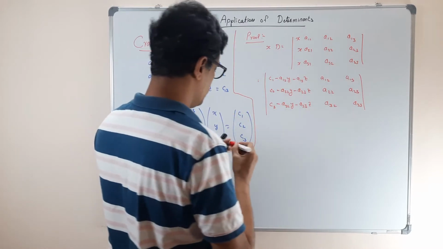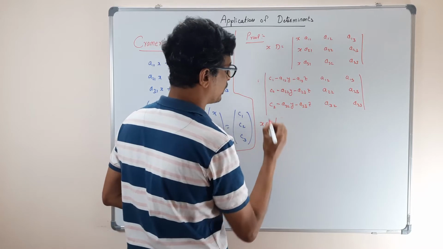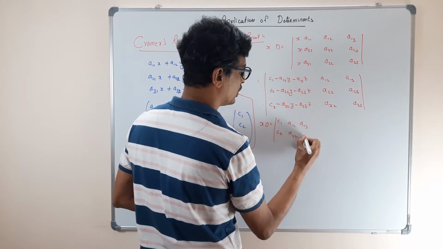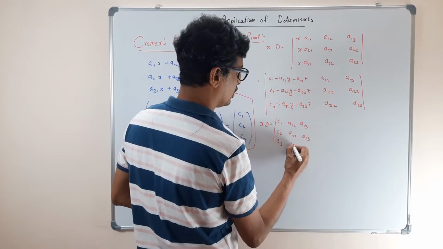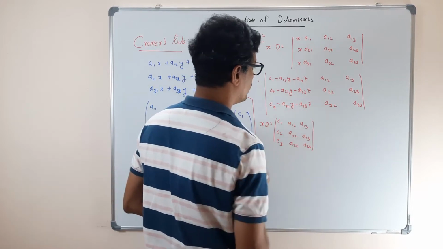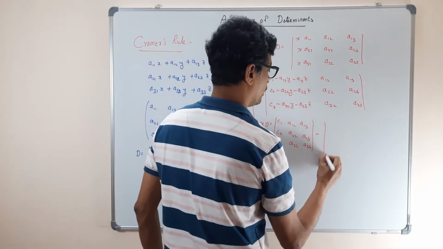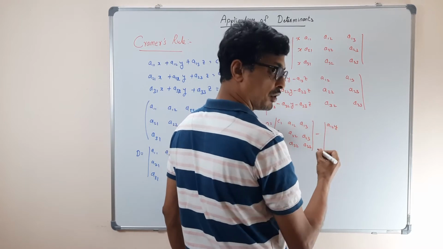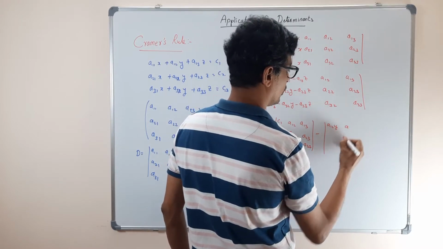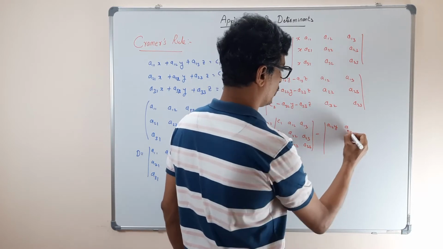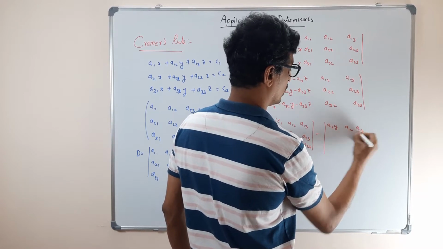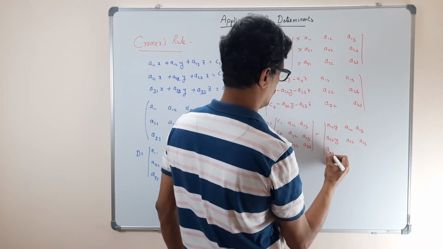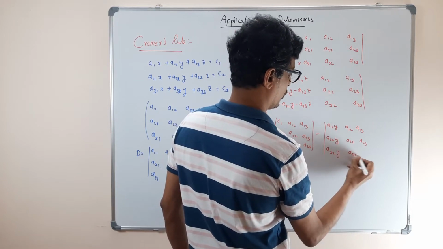So this is xd, correct? xd is equal to the determinant with c1, a12, a13, c2, a22, a23, c3, a32, a33, then minus the determinant with a12y, a12, a13, a22y, a22, a23, a32y, a32, a33. Correct?